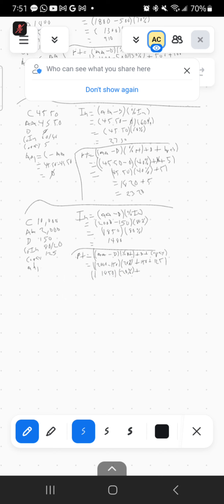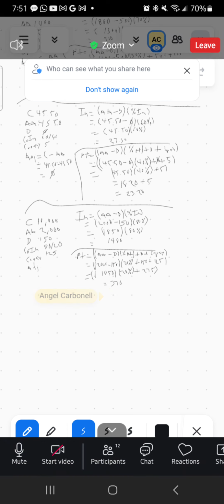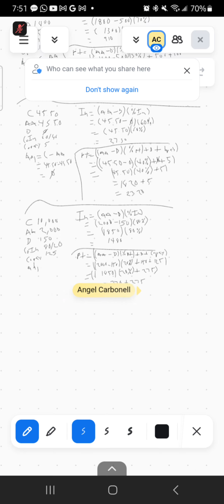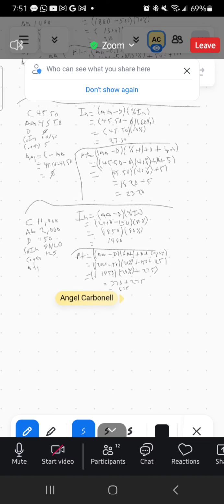Plus 150 and 125 is 275. 1,850 times 20% is what, 370, I think. 370 plus 275, that should be 645. Okay.